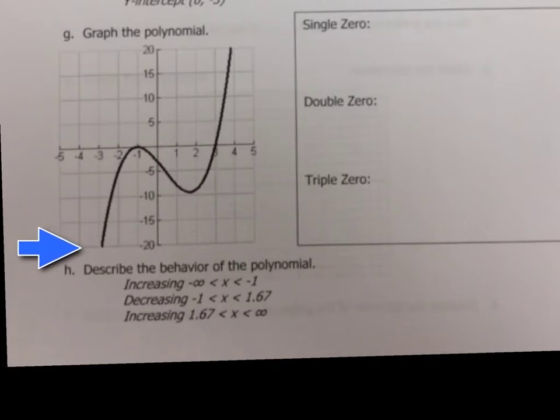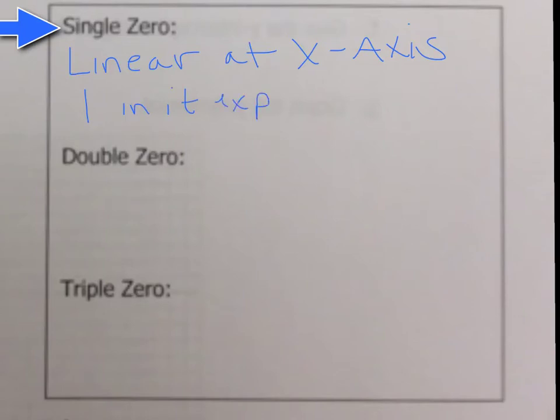So let's define what we see as a single, double, and triple zero, what that actually means. A single zero means that the polynomial is linear at the x-axis. That means there's a 1 in its exponent, like we saw above.